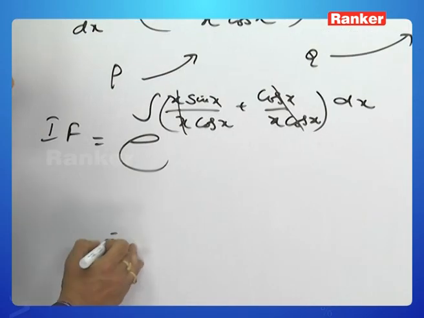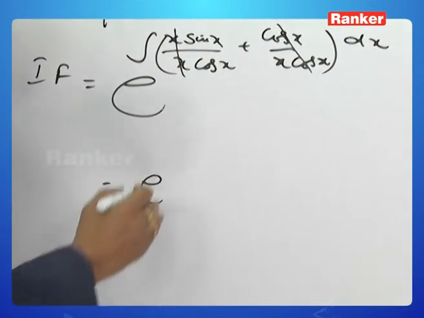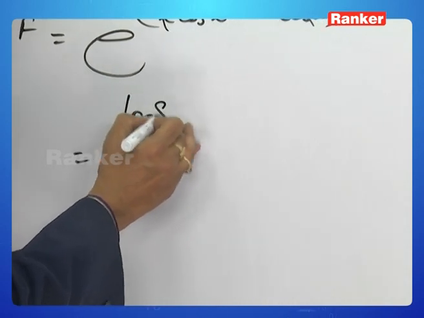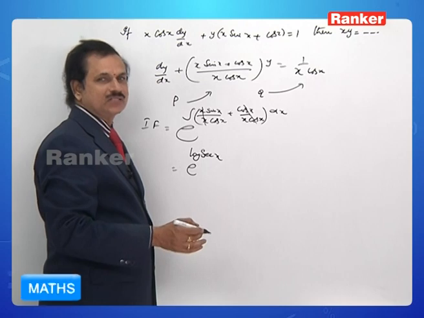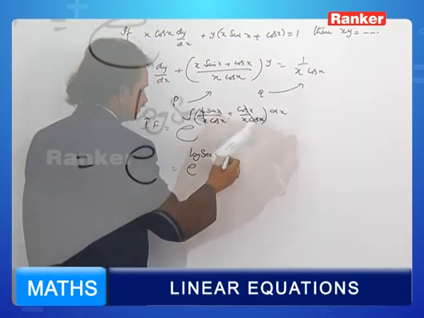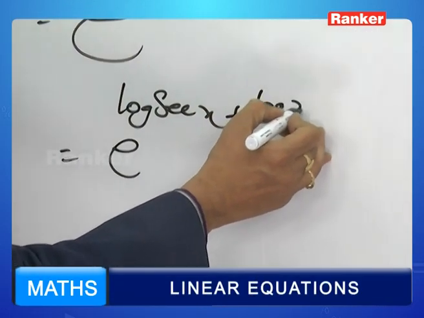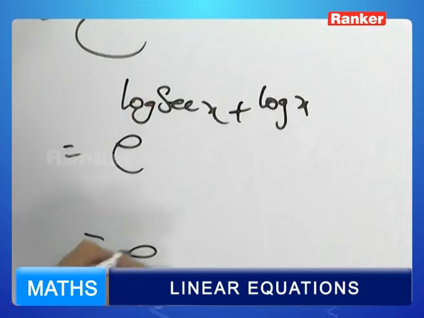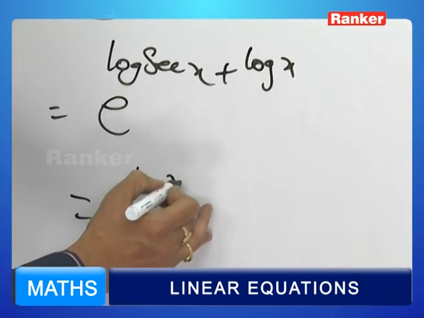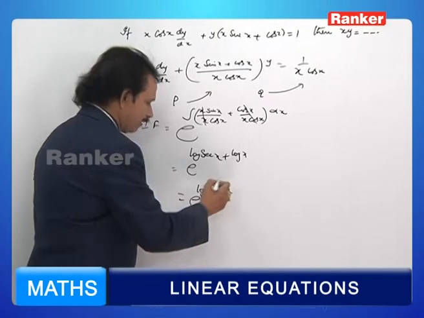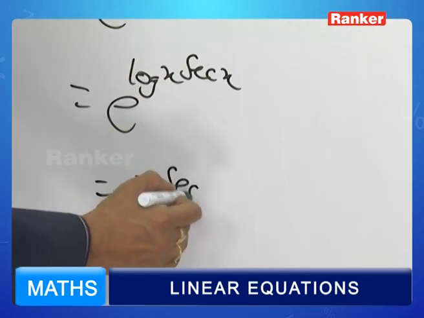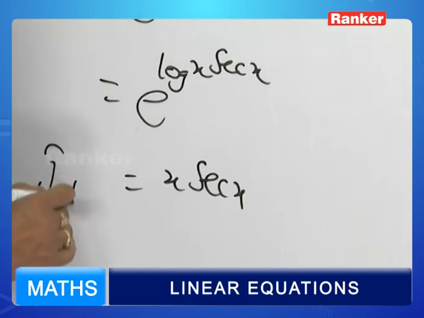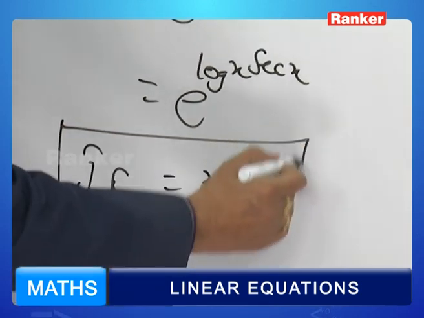Sin x by cos x is nothing but tan x, and integral of tan x is log secant x. x and x will be cancelled, only 1 by x will remain. Integral of 1 by x is log x. Log m plus log n is of course log mn, and it is log of x secant x. e power log of x secant x is nothing but x secant x. This is the required integrating factor.